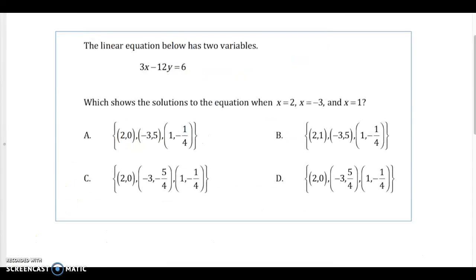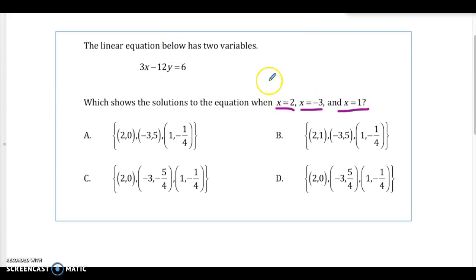So in this linear equation here, we've got the 2 variables, the X and the Y again, and now we're talking about solutions to the equation. So if we look at this, they're giving us our domain of X's, okay? We've got 3 X's here, and they're asking us which of these points, or sets of points, is going to match this equation.